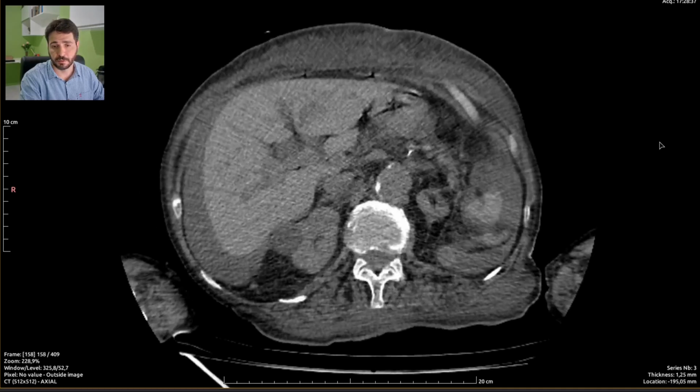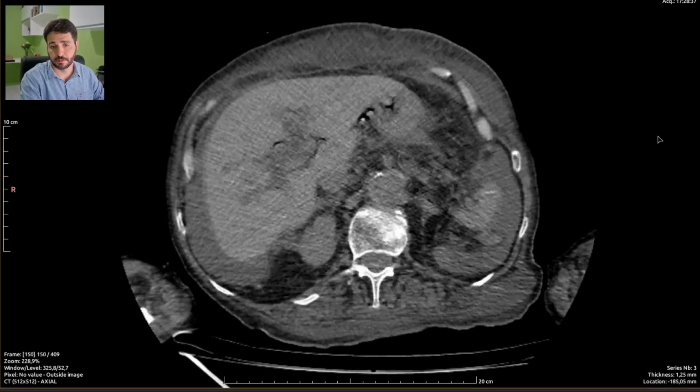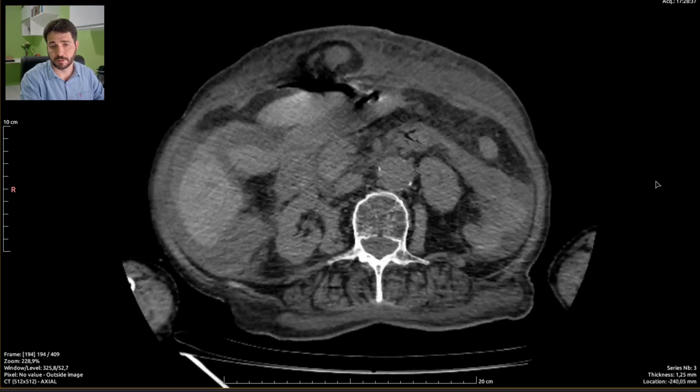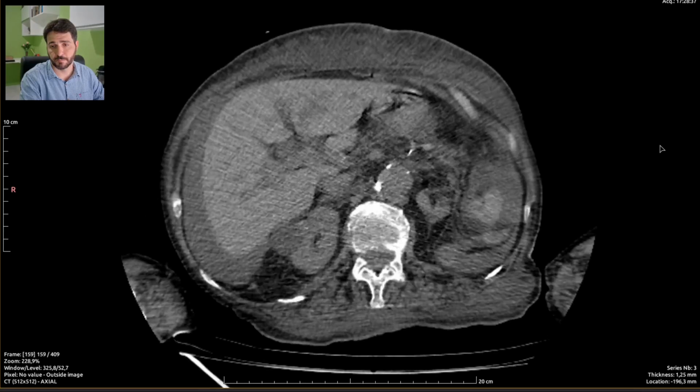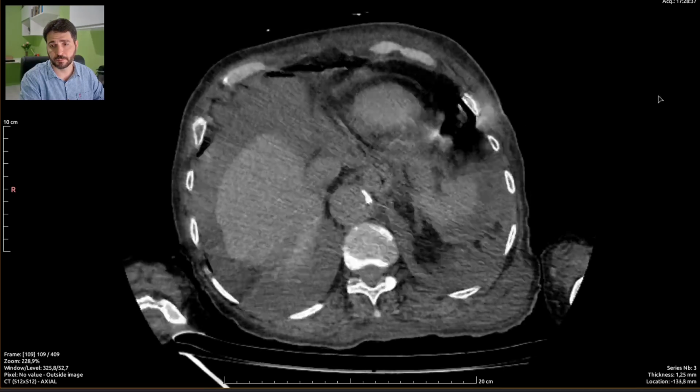So, measure this large cyst right here so I can report it. Adrenal glands are fine. Pancreas has normal size for age group.